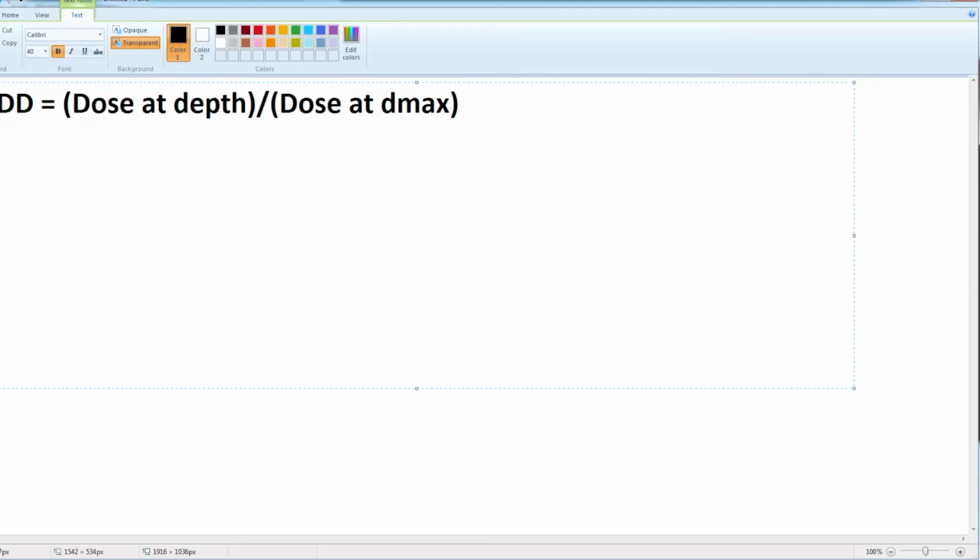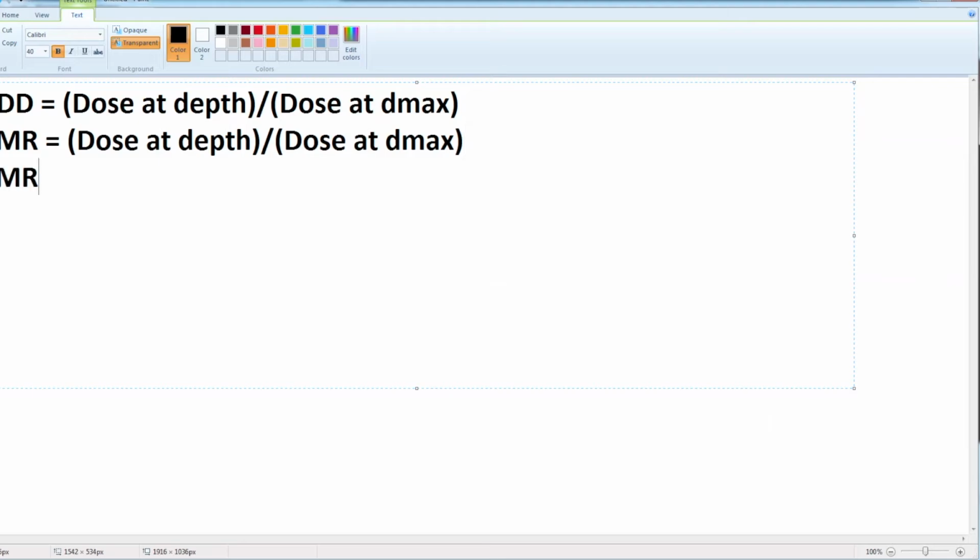I have TMR for this week, which is dose at depth divided by dose at D max. And that's fine. We can do this. So TMR, dose at depth, dose at D max equals dose at depth divided by the TMR.